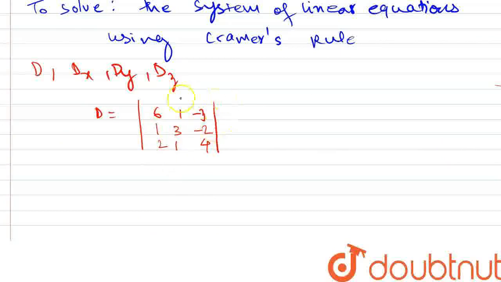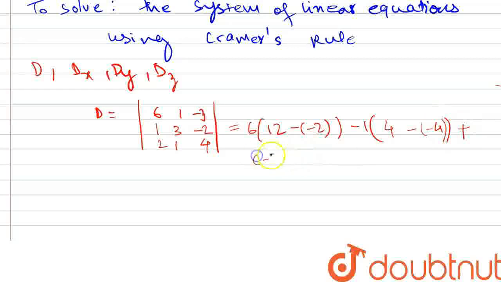And when we calculate this determinant, we get 6 times (12 minus minus 2) minus 1 times (4 minus minus 4) plus minus 3 times (1 minus 6).